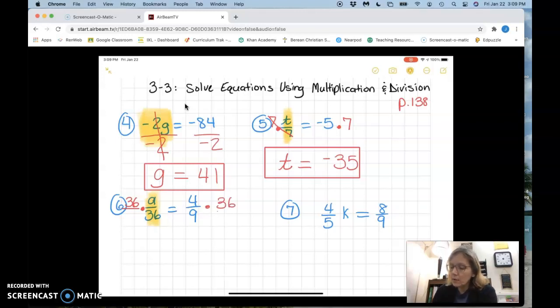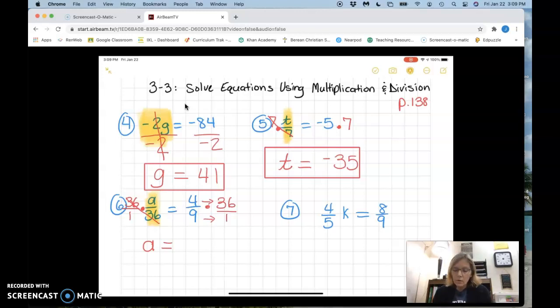Now, for this problem, since there's a fraction on the other side, I'm going to put that imaginary 1 underneath to make it easier for me to solve this equation. So I'm just left with a on this side. And on this side, I'm going to multiply the numerators and multiply the denominators together. So let's do that.